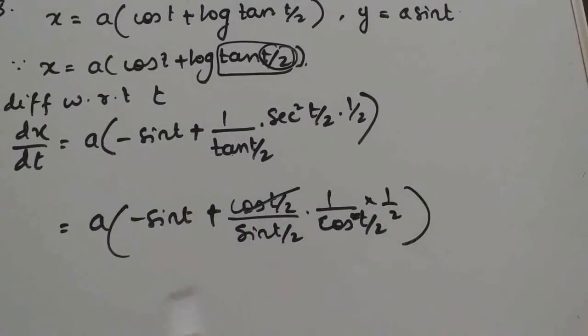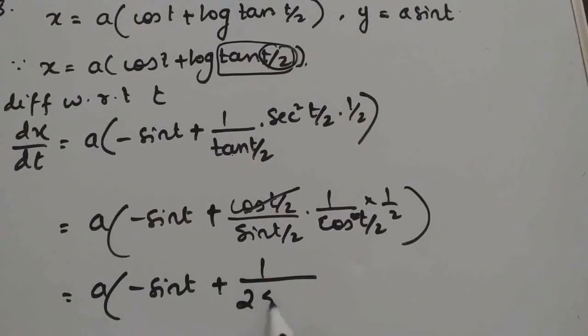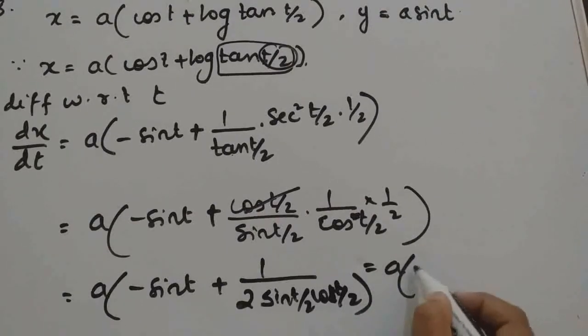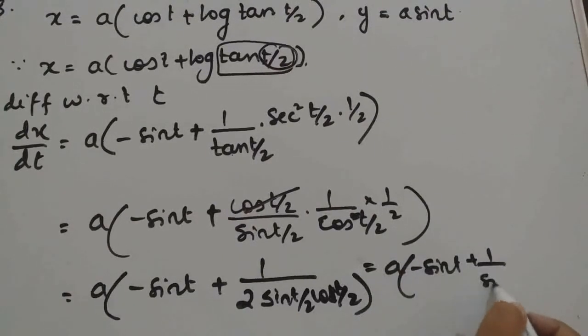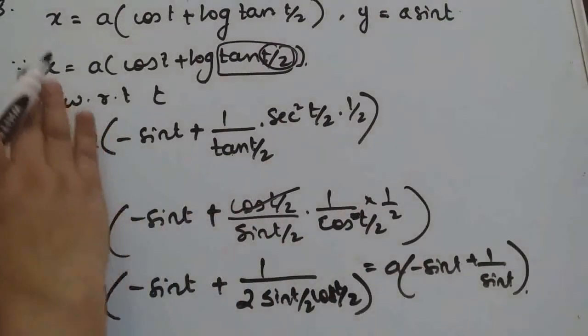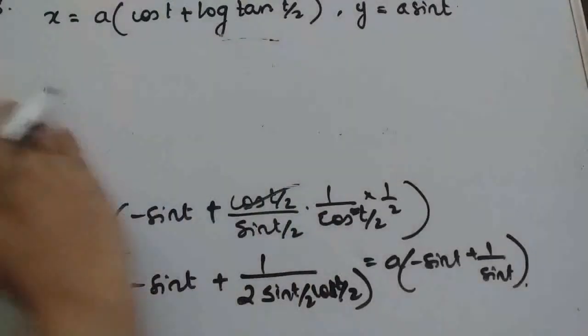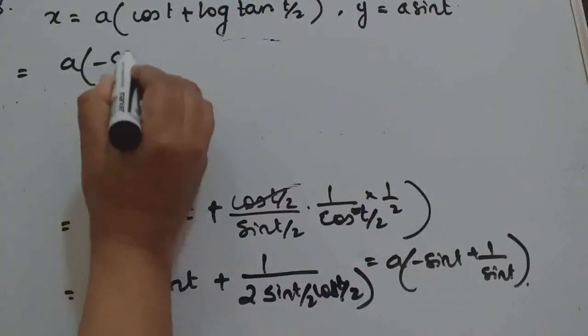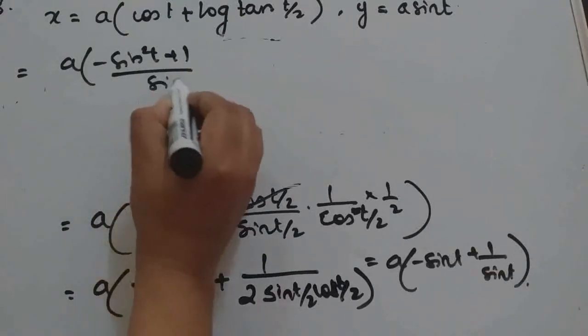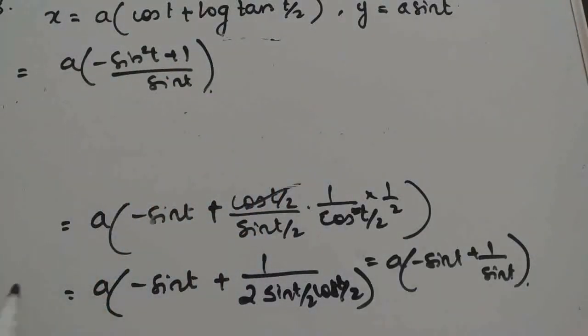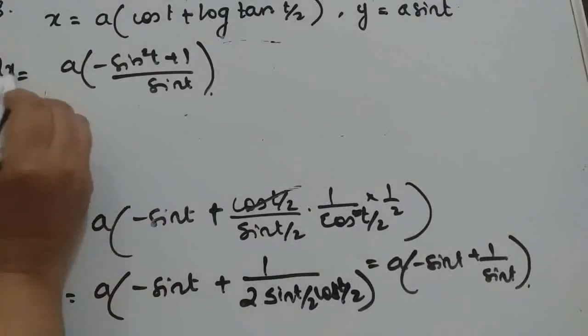So cos t by 2 will be cancelled. So 1 by 2 sin t by 2 cos t by 2. What we can write this as? 1 by sin t. So again we can simplify this further. So minus sin square t plus 1 by sin t. Okay. So this is dx by dt.